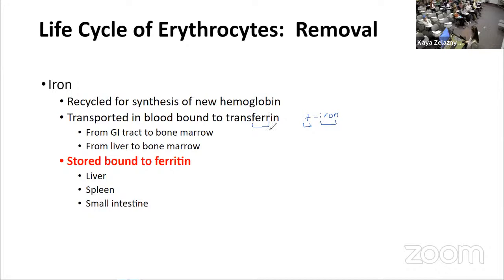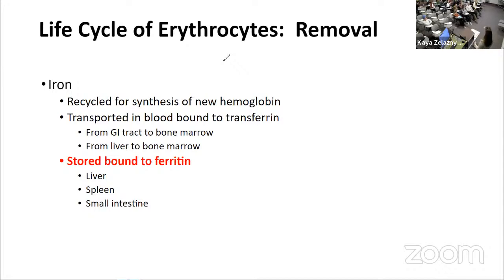Ferrous is iron. Okay. So that transferrin is going to be moving our iron from the GI tract. So your gastrointestinal tract, your intestines, where you're processing food that you've just eaten. We're going to take some of that iron from the GI tract, ultimately move it into the bone marrow.